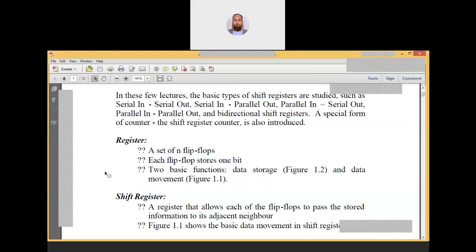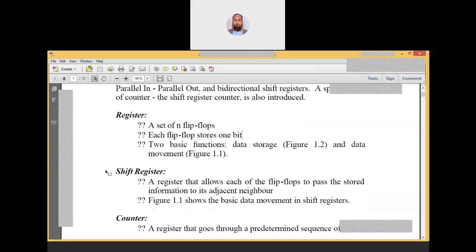A register will have one more thing, that there should be data movement. You know that a flip-flop can store the data, but in a register, what we need is data movement, a shift register. So this is the basic definition of a register. So what is a shift register?